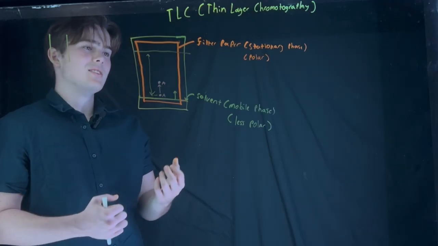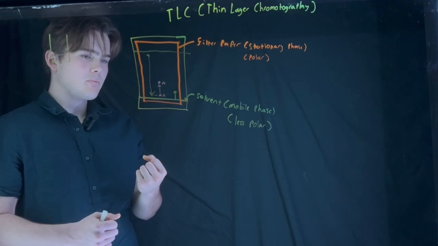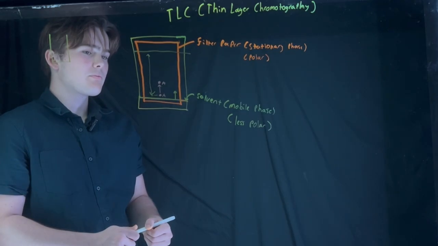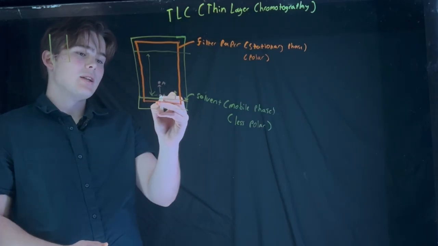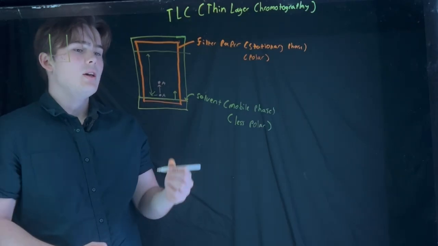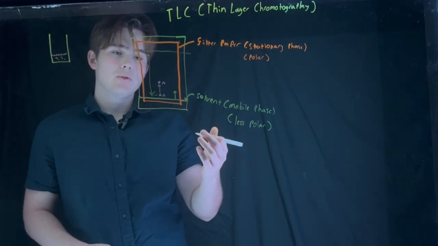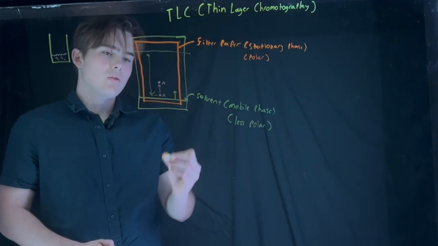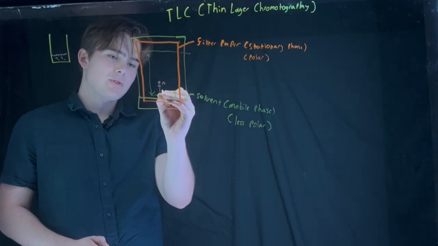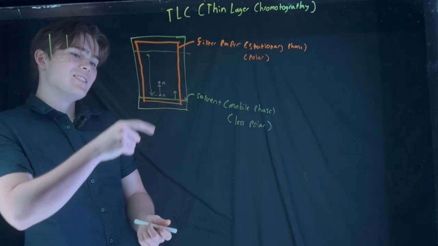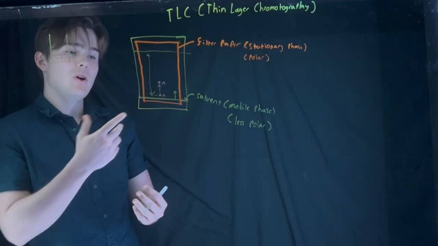If that amino acid has a higher charge, it's going to move less than if it had a lower charge. The distance that substance A moves is referred to as the distance that the solute moves. So this distance here equals the distance that the solute has moved. That distance there is the distance moved by the amino acid.